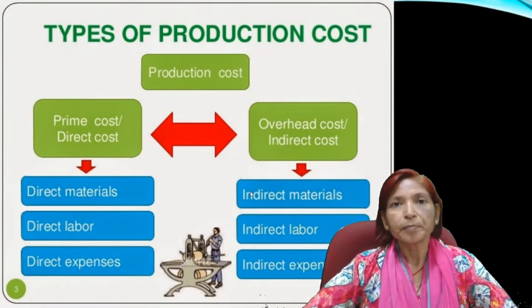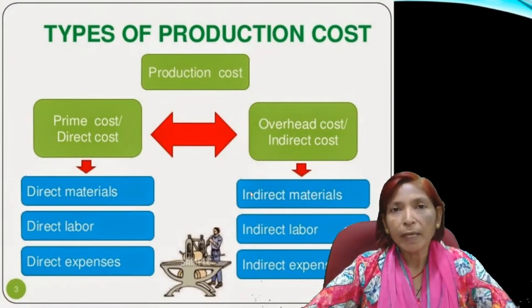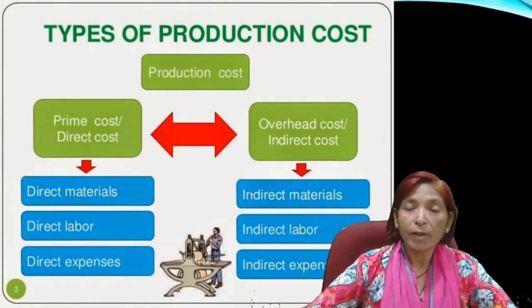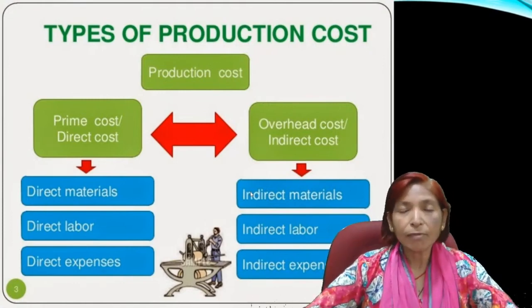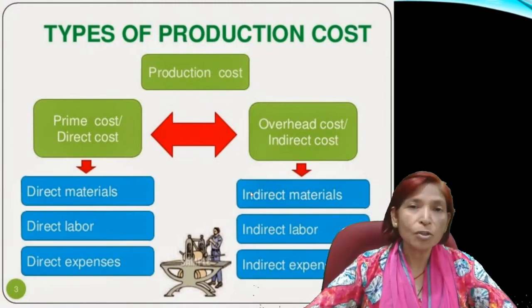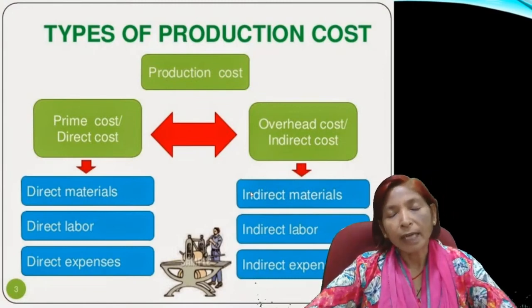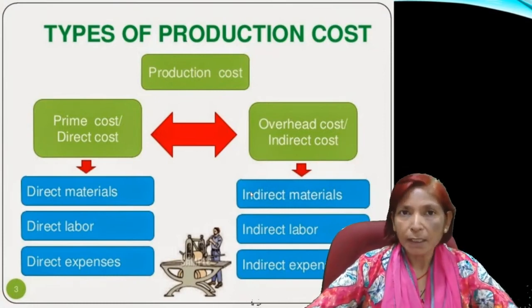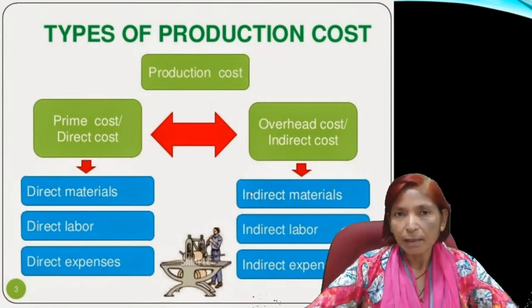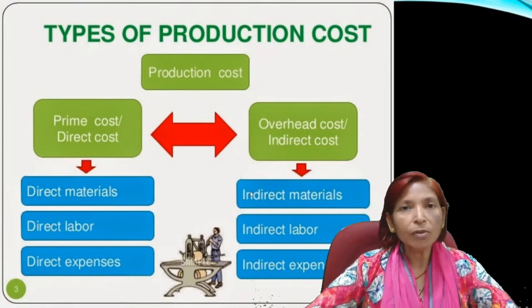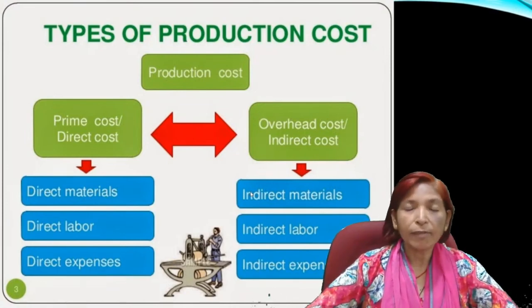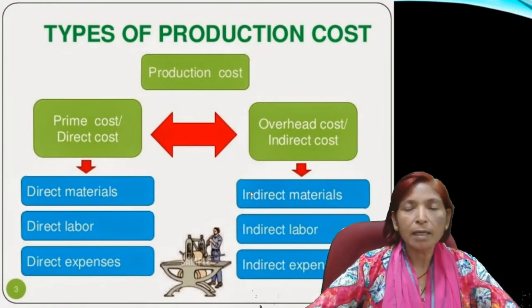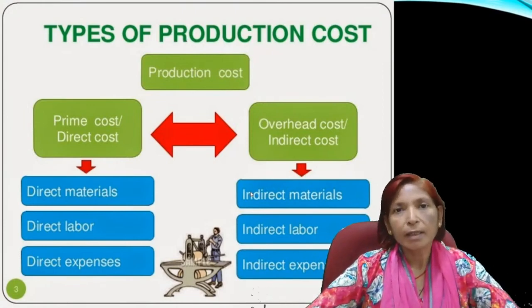It means he will not pay wages to himself, but if he hires a worker from outside, then he has to pay wages to that worker. Similarly, if we use our own money in the business enterprise, then we will not pay interest to ourselves. But if we borrow money from outside or from any banking institution, then we have to pay interest.